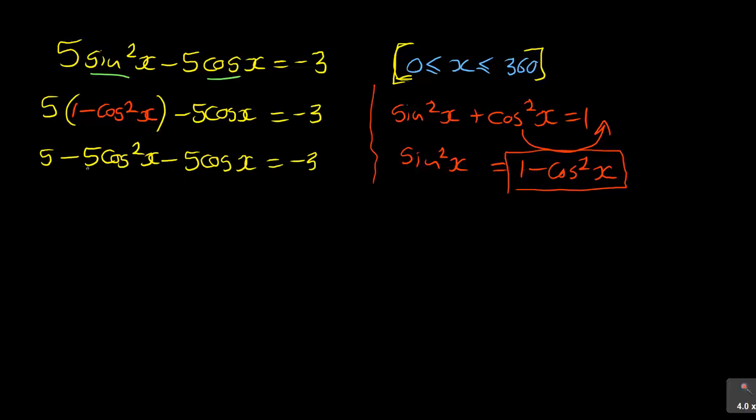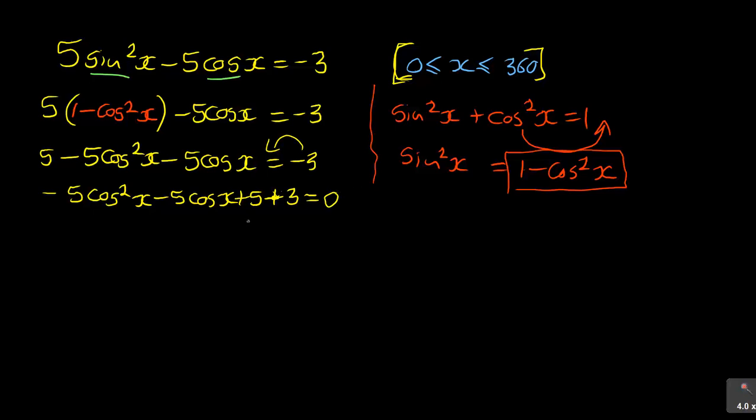Then you have to collect your like terms, so you'll have minus 5 cos squared x, minus 5 cos x, and then plus 5, then the 3 joins so that you've got plus 8, and you equate it to 0.